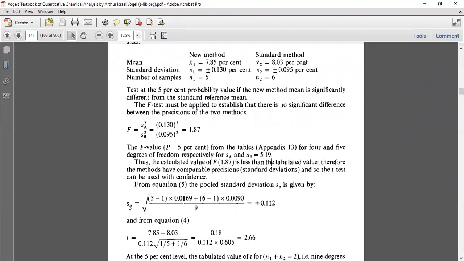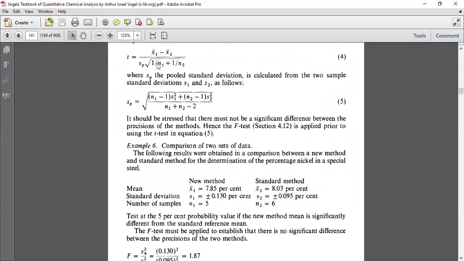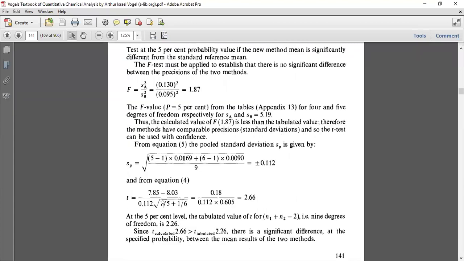And then this pooled standard deviation, whatever value we got, that we will substitute in the t value formula. T is equal to x1 bar minus x2 bar divided by this. So pooled standard deviation we have calculated, that is 0.112.